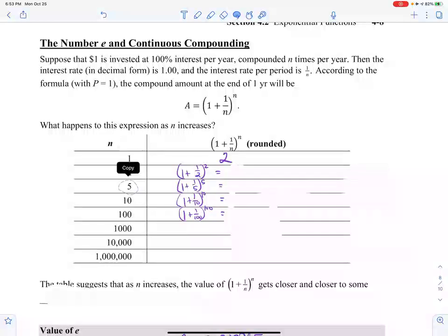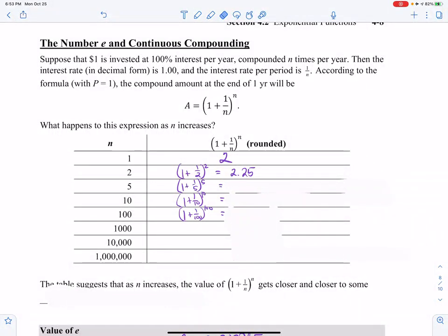This one we're not familiar with, we don't have a word for it, but compound it 5 times a year until we get to the point where it says, compound it 1,000,000 times per year. So let's look at what would happen if I keep increasing the number of times that I compound my interest. So if I compound it semi-annually, we're going to get $2.25.